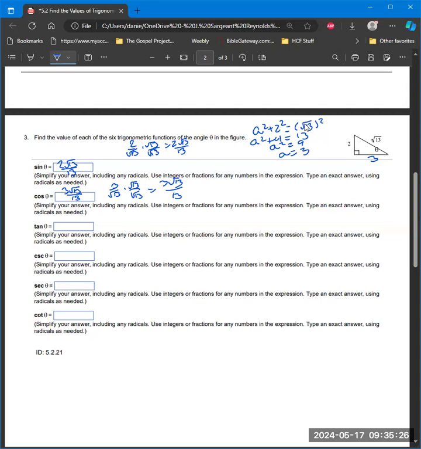Tangent is opposite over adjacent, which is 2 over 3. Cosecant is root 13 over 2. Secant is root 13 over 3. And cotangent is 3 over 2.